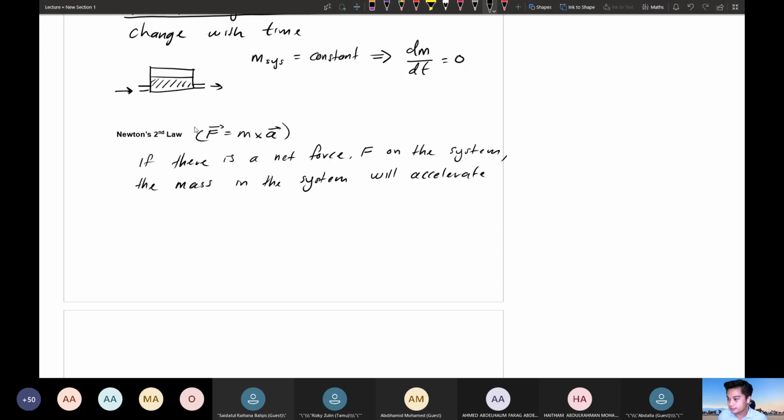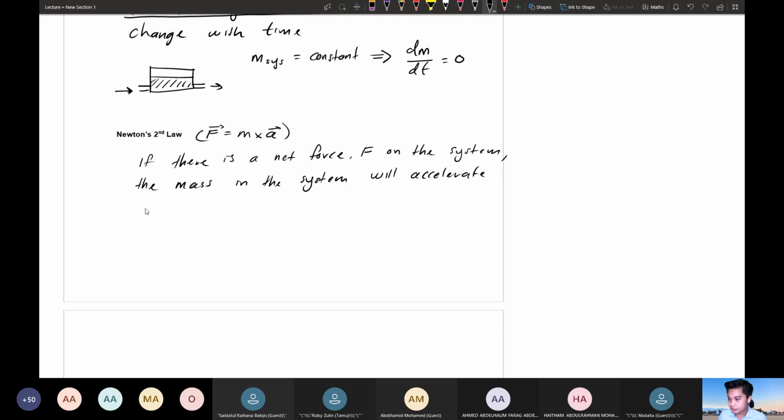Very simple. When the net force is not equal to 0, when there is a value, then the mass of this system will accelerate.